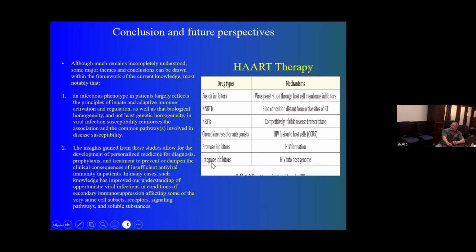Now, the good part is that we have a nice wide array of drug types that can interfere at different phases of the replication cycle. The bad news is that because we have these drugs that are used, eventually the virus does adapt to them. So one of the concepts behind HAART therapy is that we give a cocktail of drugs and we rotate them.